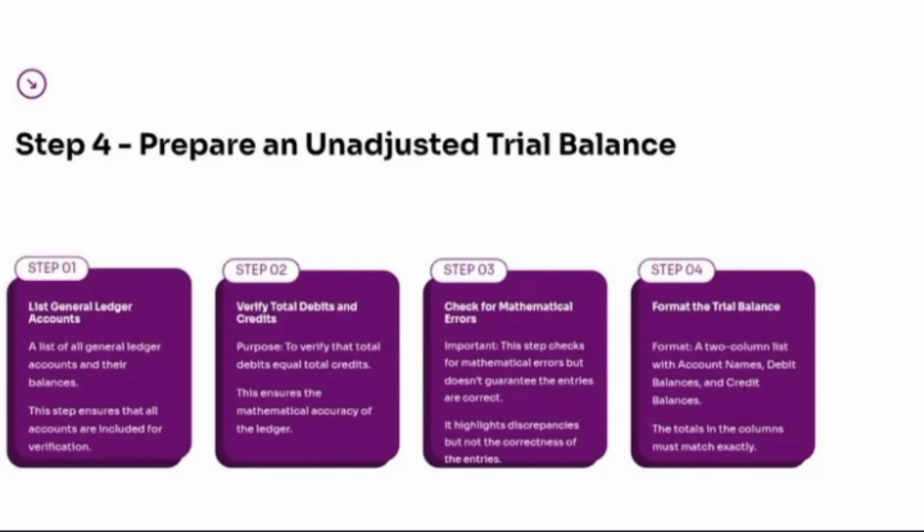If total debit is equal to total credit, it means our entries are probably correct. If they don't match, then there is a mistake somewhere, maybe a wrong entry or a missing transaction. So, this step is like checking your math homework before submitting. It helps us catch and fix errors before we prepare the final reports.